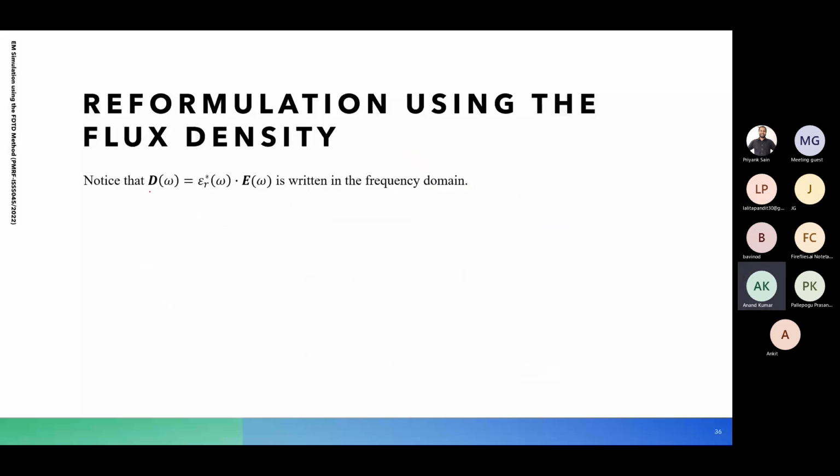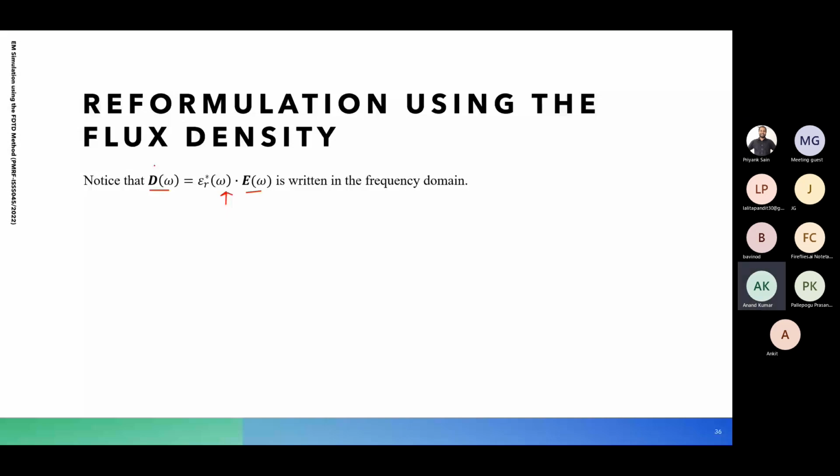Notice that we have the flux density and electric field written in frequency domain. Since it is in frequency domain, it is a product in frequency domain. We will need to get the time domain representation of this equation.